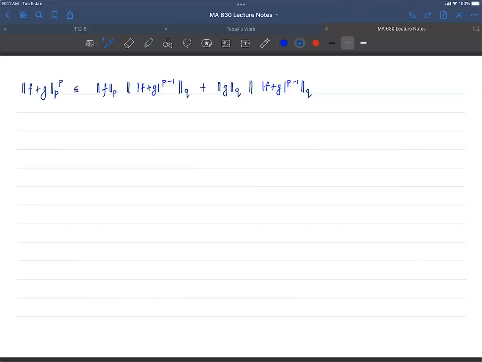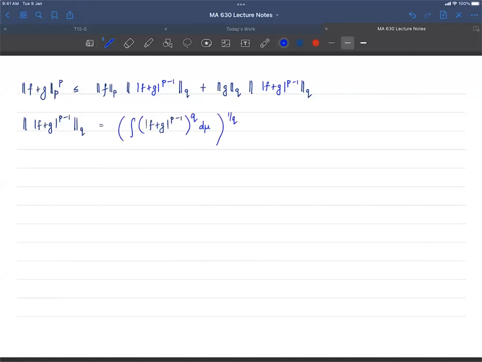All right, so now let's look at mod F plus G to the P minus 1, and let's look at its Q norm. You take mod F plus G to the P minus 1. You're taking the Q norm, so you should take this to the Qth power, then integrate it, and then take the Qth root.